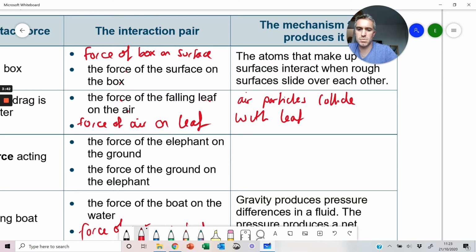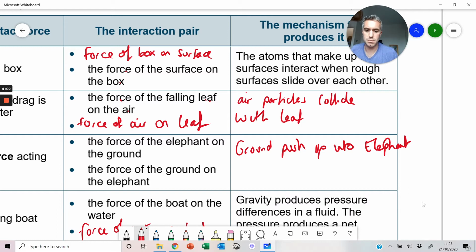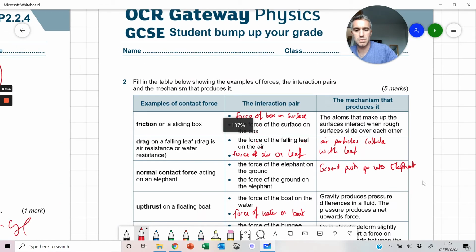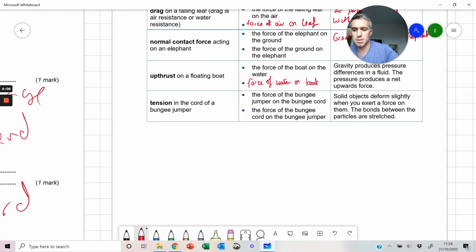Force of the elephant on the ground. Force of the ground on the elephant. Ground pushes up into elephant. Elephant pushes down. Squashing. It's a rubbish question.